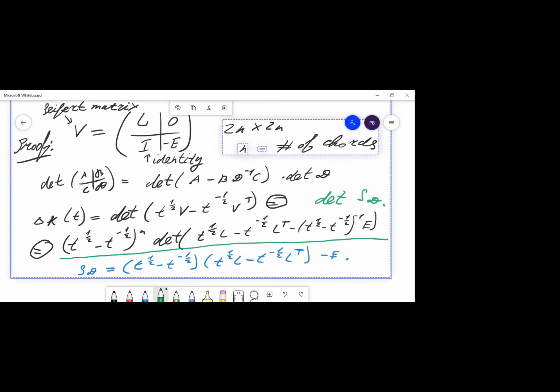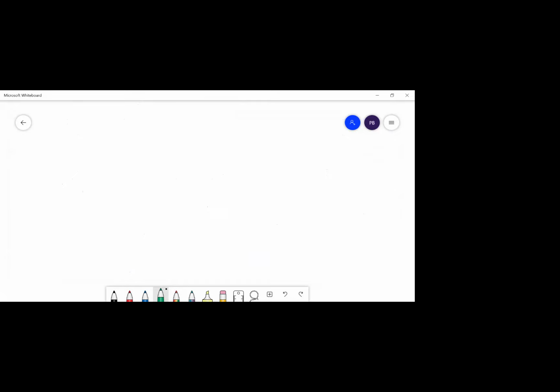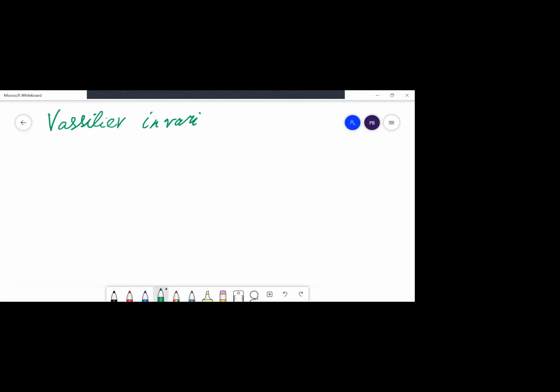And let's go to Vassiliev invariants, actually. The nicest things. Finally, we have Vassiliev invariants. I also suppose that I should not define them. Everyone knows them. No need to define.